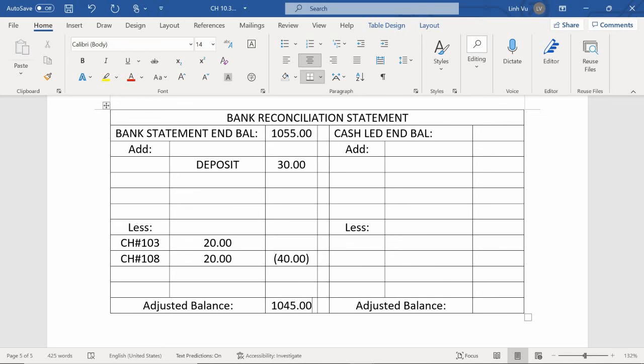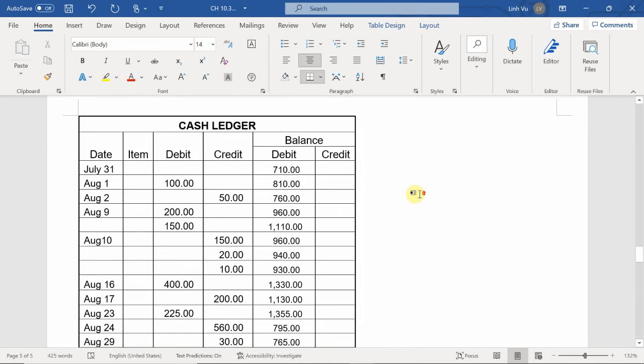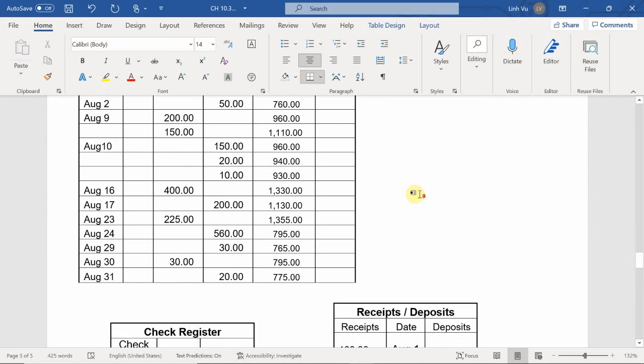Okay? Now, you can't stop here because you need to make sure that your cash ledger matches the $10.45. So let's go ahead and take a look. I need to figure out what my ending balance is in my checking account. So here, cash ledger, okay?